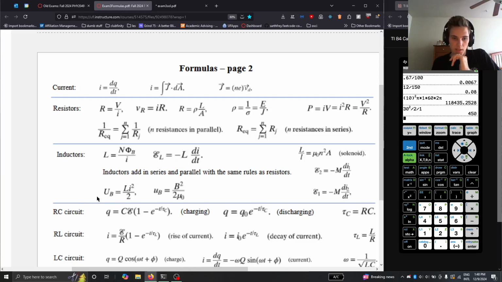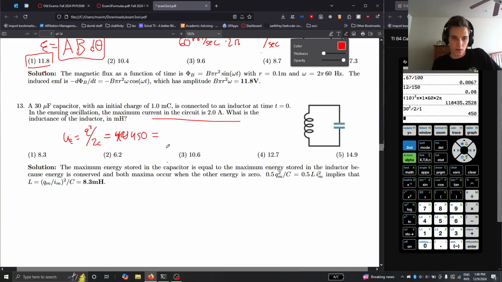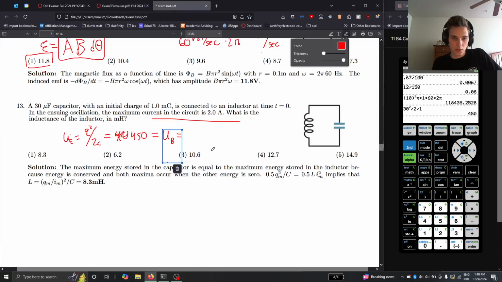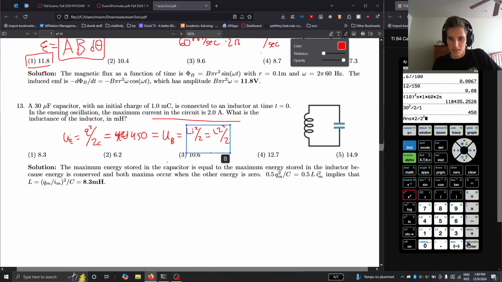And this energy here, UB, the max energy there, is equal to L I squared over 2. We have I, that's 2, and we have 2 squared times L over 2. So we'll multiply by 2, divided by 2 squared, and we'll get 225, and that is wrong.